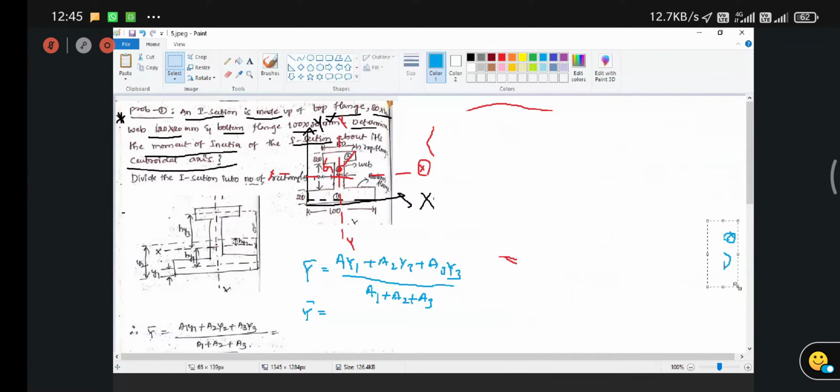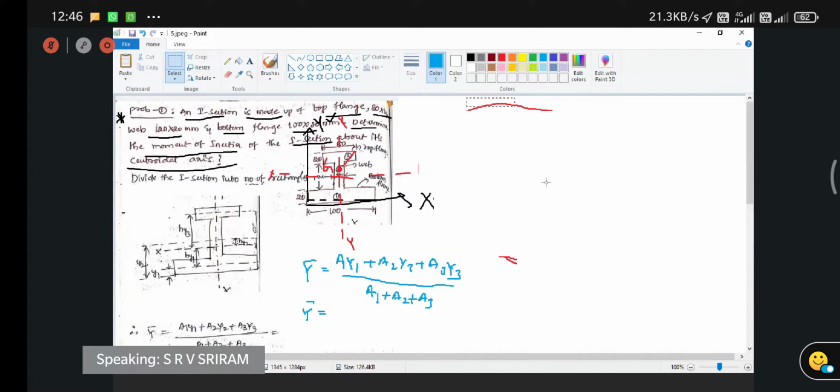Okay, now this is your first section. So first section is this one, this is your second rectangular section, and this is your third rectangular section.